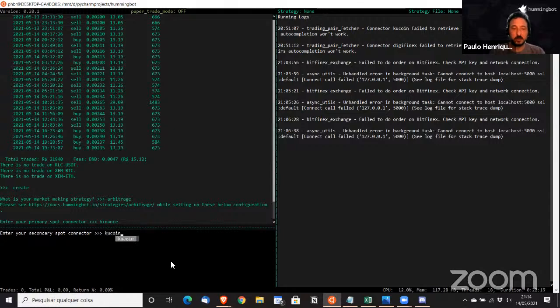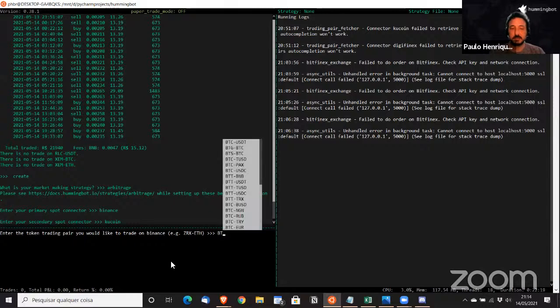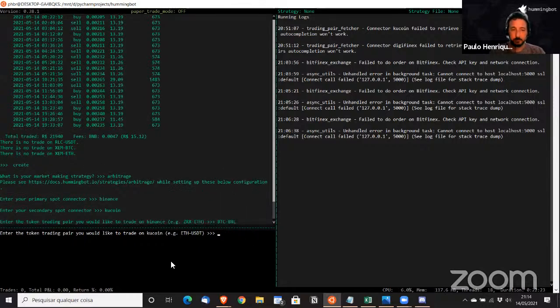Let's use KuCoin for now. And the token trading pair of the first exchange. So here let's add BTC BRL. And for the second exchange, let's use BTC USDT, right? I have USD, I don't remember. Let me use USDT.